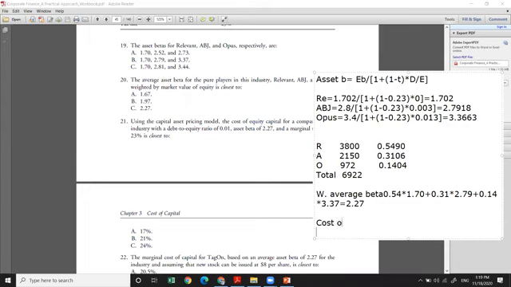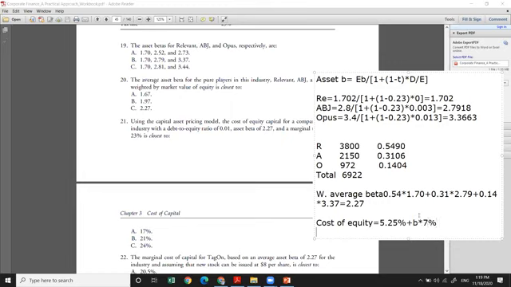Cost of equity is equal to 5.25% plus the beta, but this is actually the levered beta, times the equity risk premium, which is 7%.